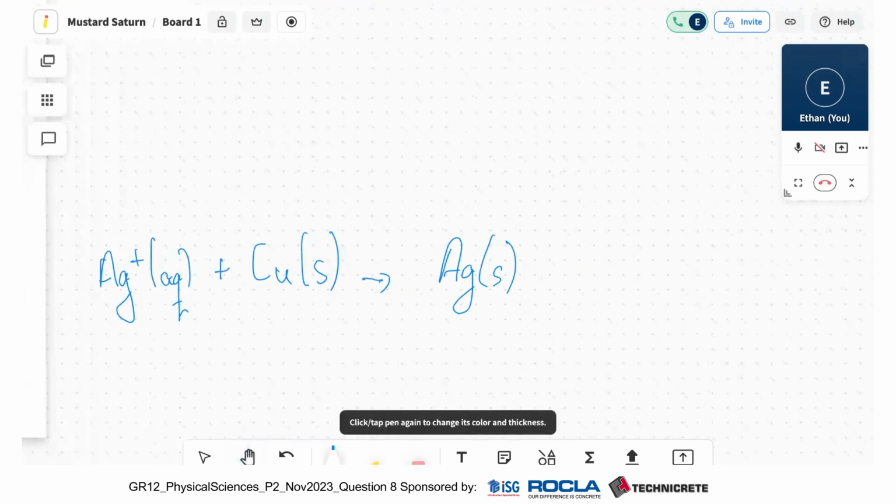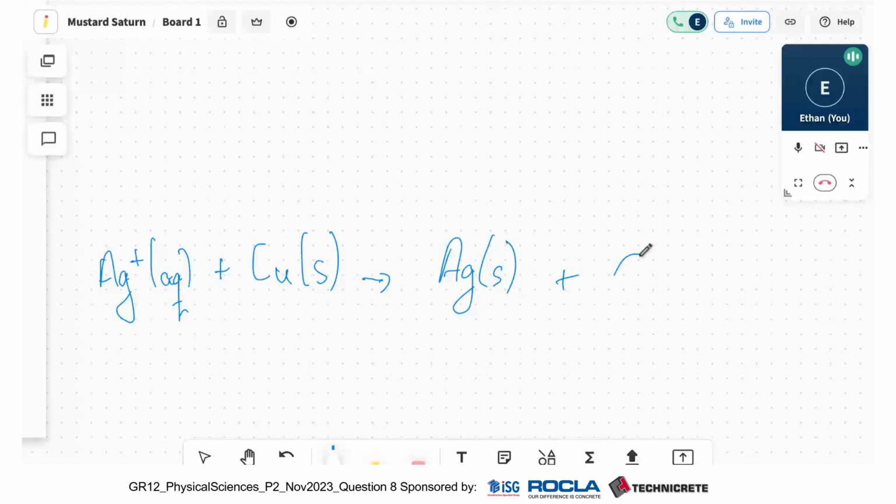And since this is just the net equation, we don't have to put in spectator ions, so we can just say copper 2 plus. And let's realize that this is 2 plus and this is 1 plus.